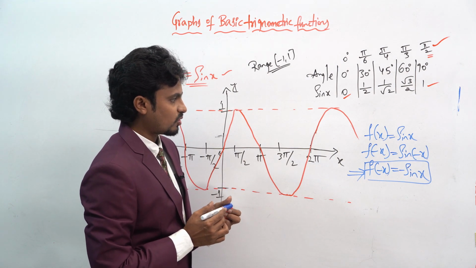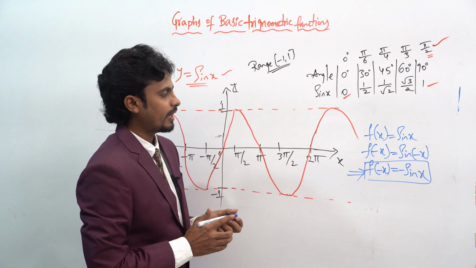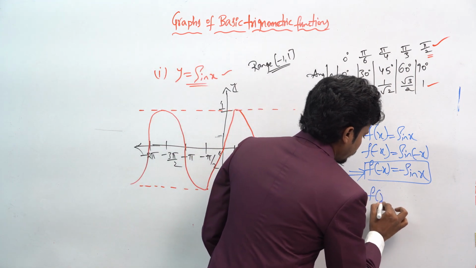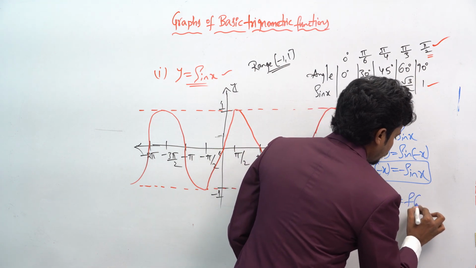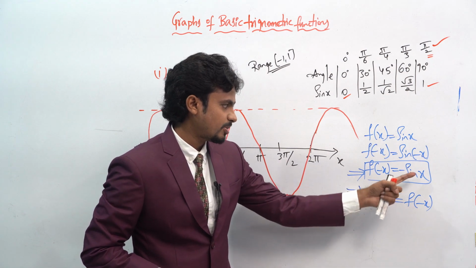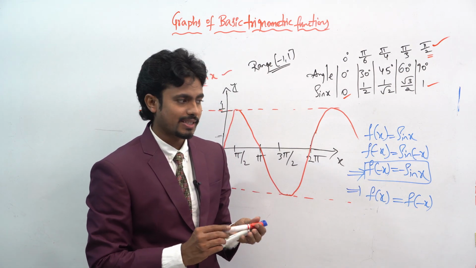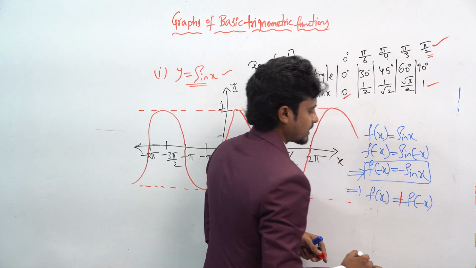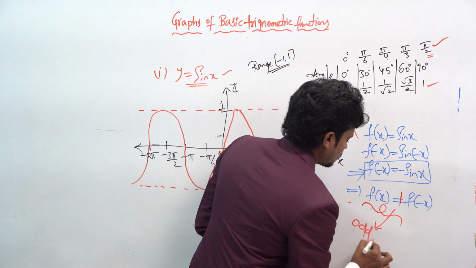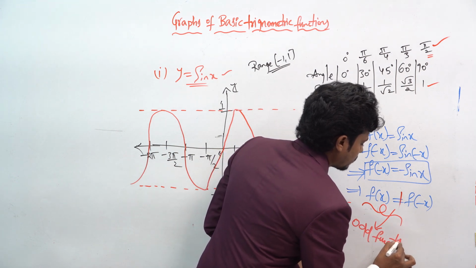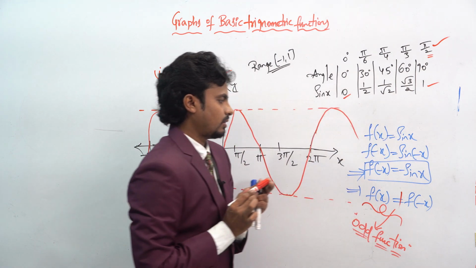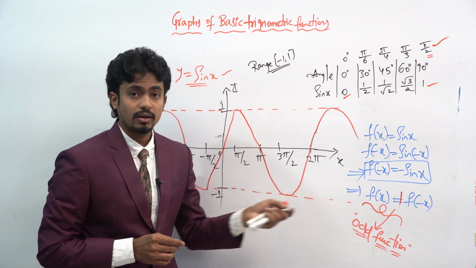Okay, if you want to equate f of x is equal to f of minus x, what will happen? F of x is sin x and f of minus x is minus sin x. That means it can't be the same. Hence, this is said to be an odd function. Hence, our y is equal to sin x trigonometric function is an odd function.